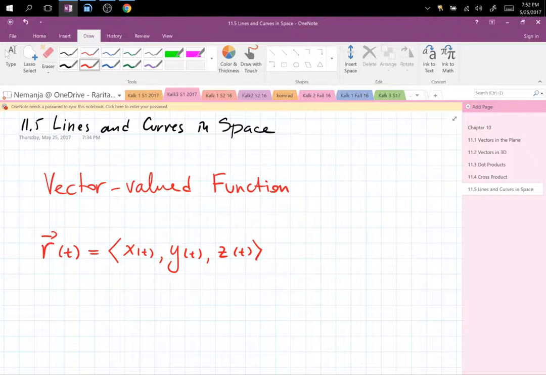So those are the components. Now you see that instead of having three numbers in a vector, you have three functions which ultimately generate numbers.